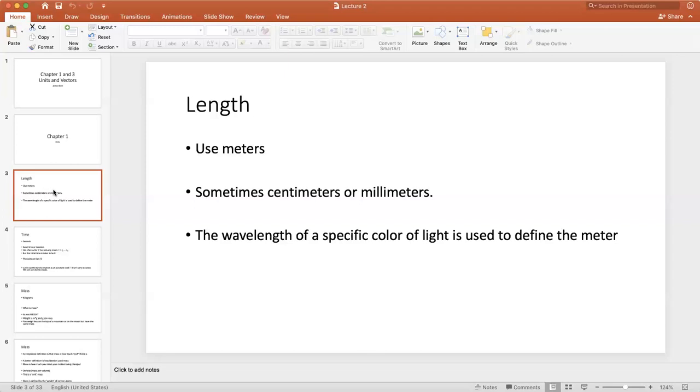We need a unifying, constant measurement so that everyone's observations will be the same. So that if I say 10 meters, you would also measure 10 meters. And so that's what we have. The wavelength of light is the same for everyone. And therefore we define what color light, we get the wavelength, and that tells you how long a meter is.